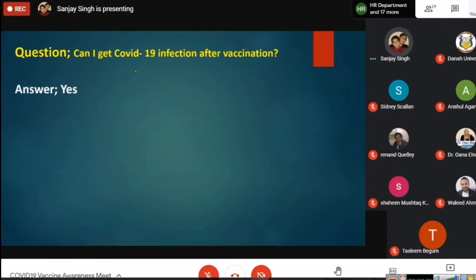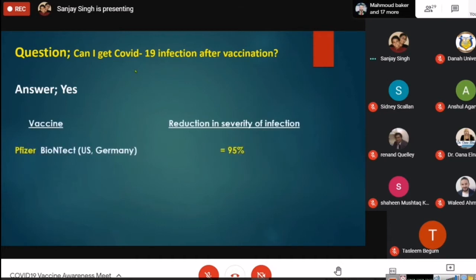Can I get COVID-19 infection after vaccination? The answer is yes. The Pfizer vaccine is only 95% effective, and Oxford-AstraZeneca is 91% effective. So what does it mean? 95% effectiveness doesn't mean that you are protected 95%.